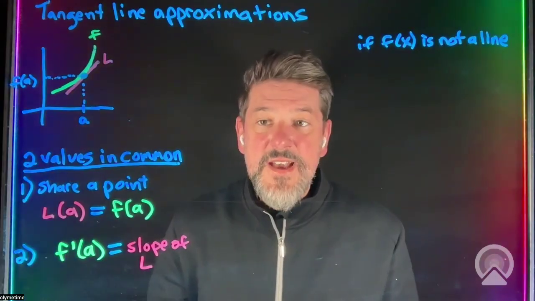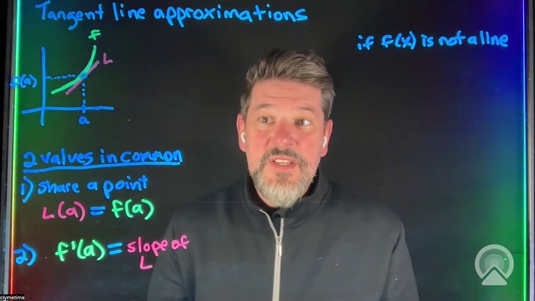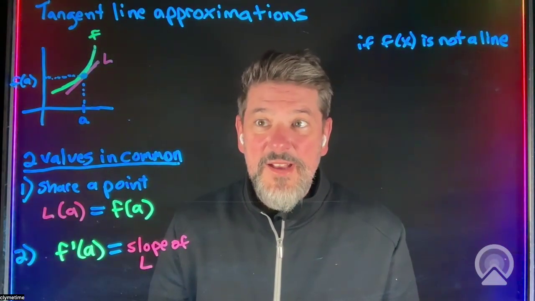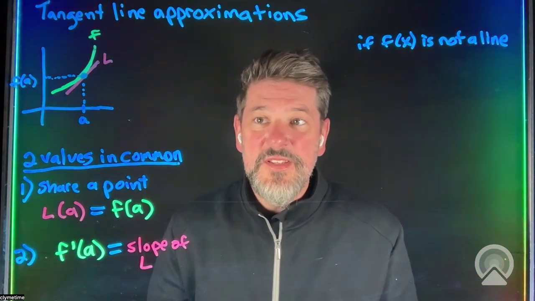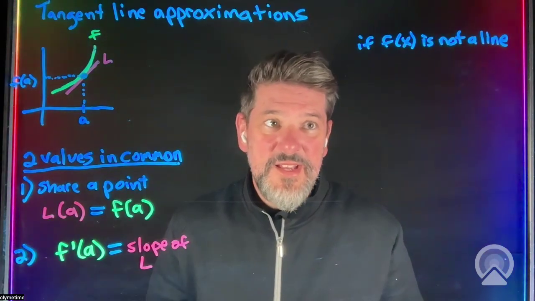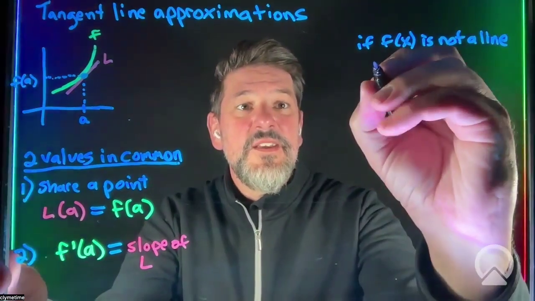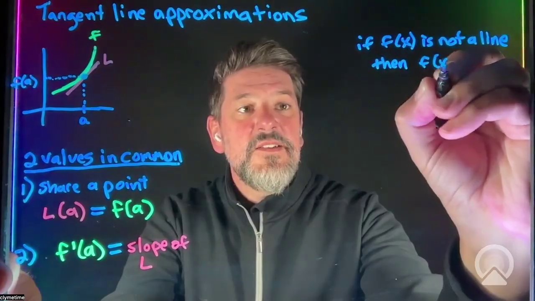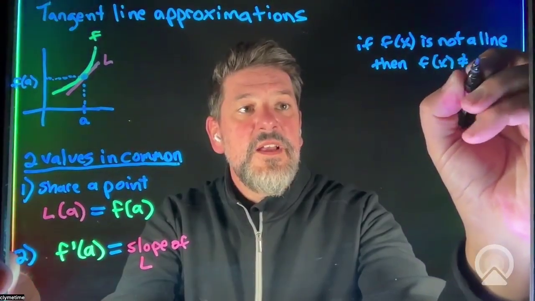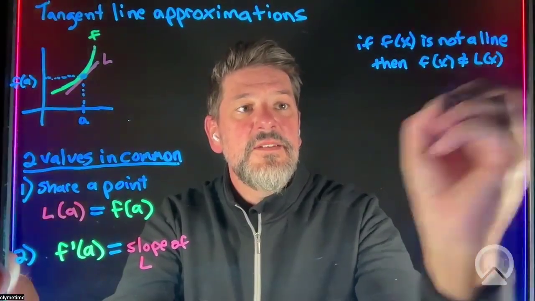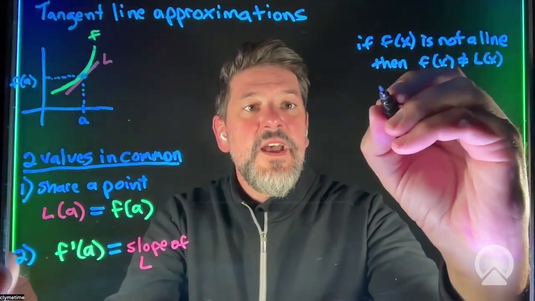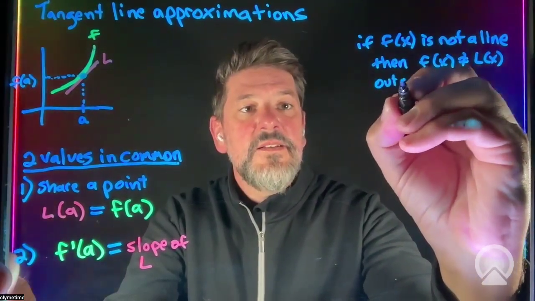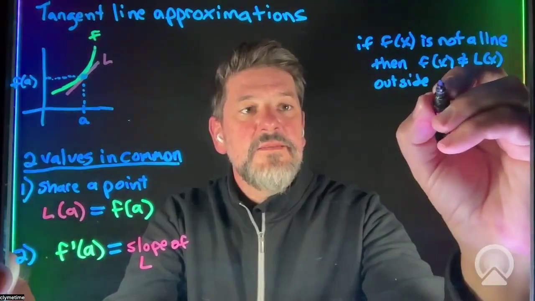So if f of x is not a line, then that means they will not have the same y values as soon as we get outside of A. So f of x is not going to equal L of x outside of A.